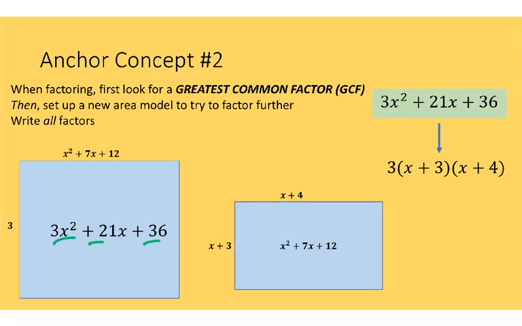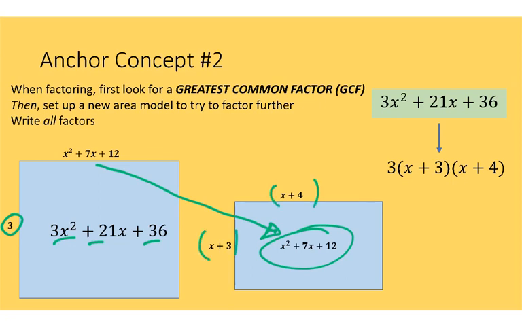And then, so 3 was our greatest common factor. And we're going to take our other side and see if it can factor further. So we're going to consider it as the area and find the factors of it. And then I'm going to write it out fully so that the GCF is included. And that's how you're going to factor using the area model.